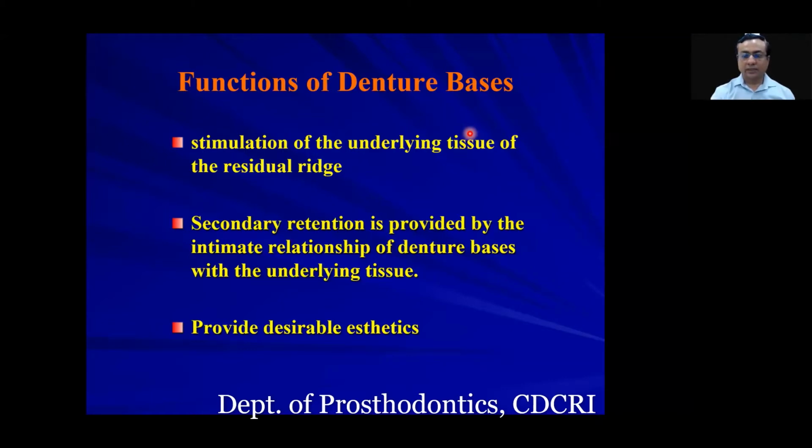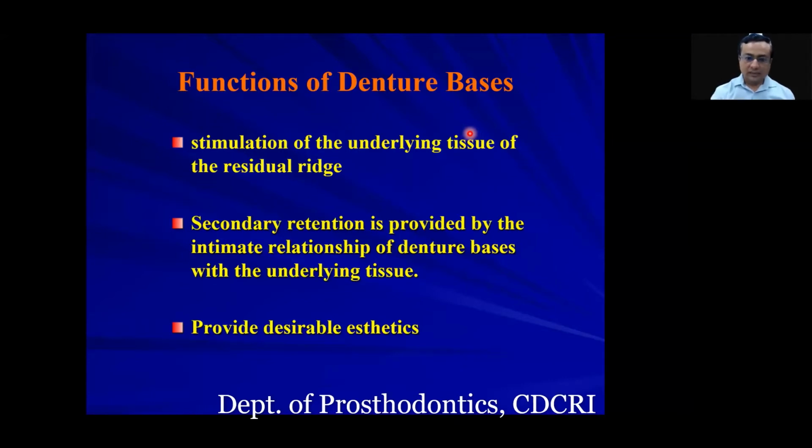But in a removable partial denture, primary retention is obtained through the direct retainer, one of the components of the partial denture. But if there is an accurately adapted denture base to the tissues, then that denture base will also help in retention. It is a secondary retention. The factors will be the same: adhesion, cohesion, interfacial surface tension, all those factors.